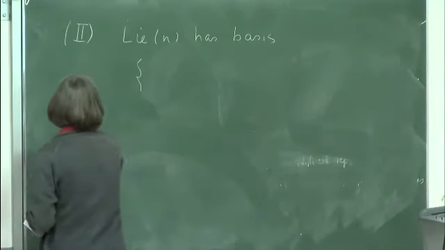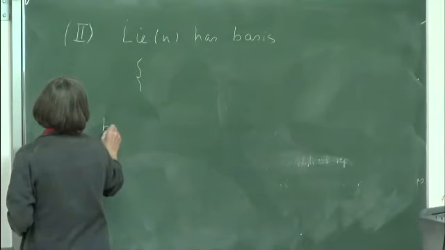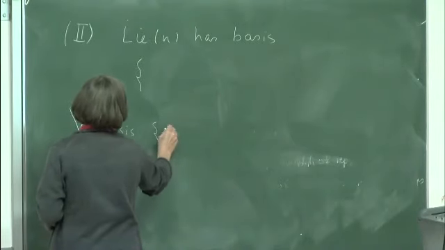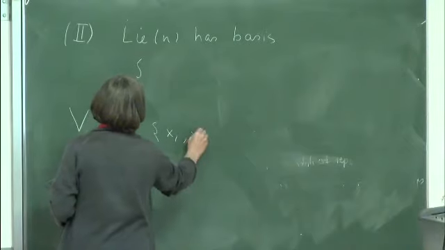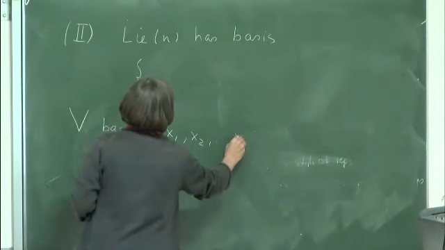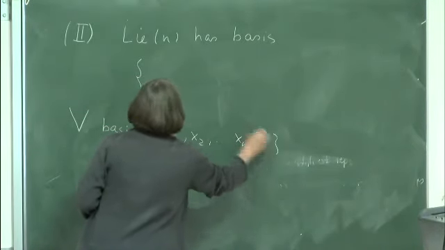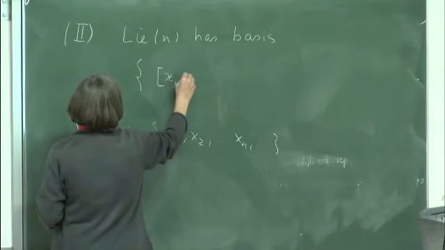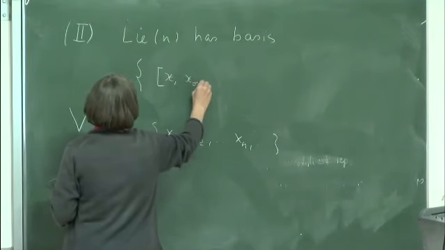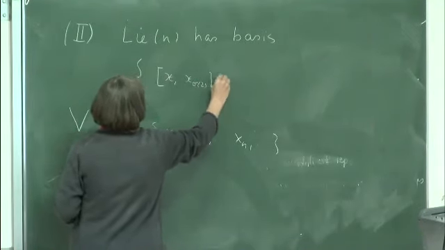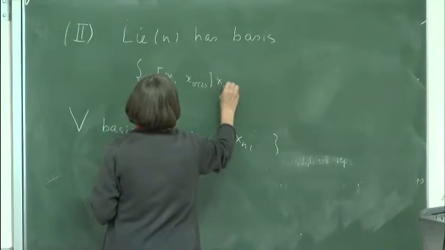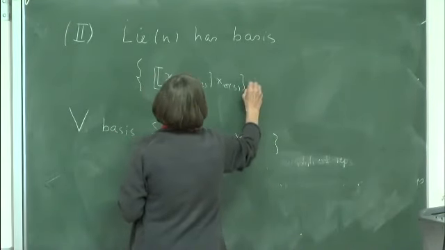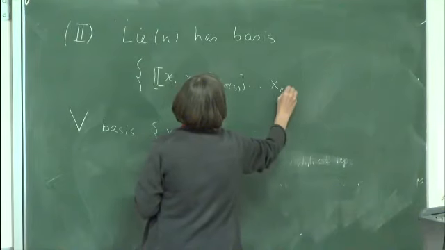You first start by fixing a basis of V, and you assume it has dimension at least n. And then you can just take the left normalized commutators [x_1, x_σ(2), x_σ(3), ..., x_σ(n)].